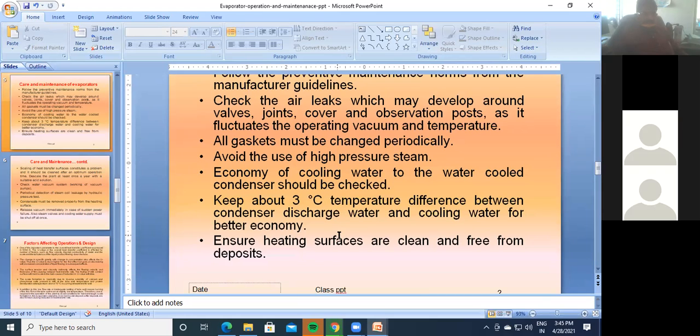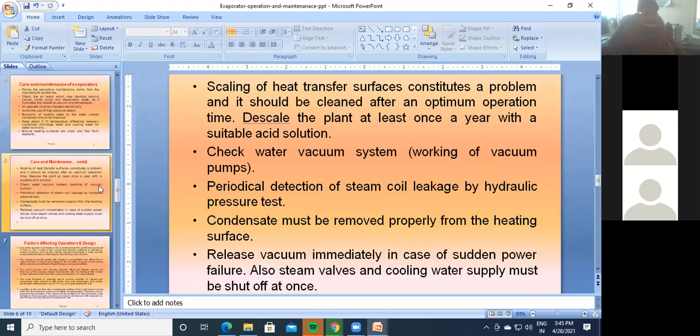Ensure heating surfaces are clean and free from deposits. There should be no scaling of the heat transfer surface because of the steam. So we should do the CIP for descaling the plant, and we should descale the plant with a suitable acid solution.